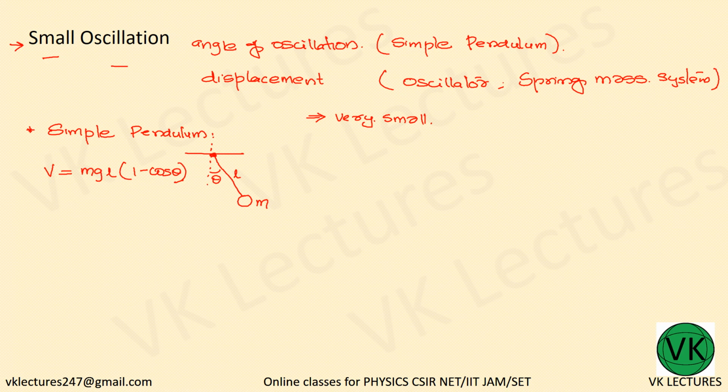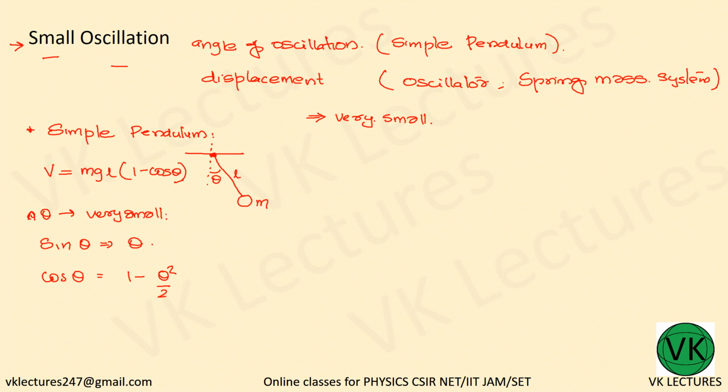For a small angle, theta is very small. So when theta is small, we can write sin theta equal to theta and cos theta equal to 1 minus theta square by 2 up to second order.